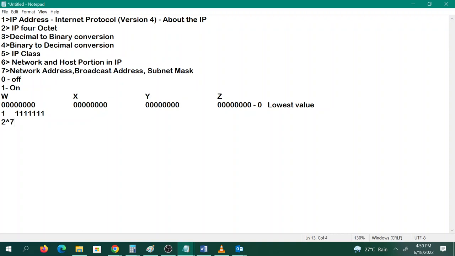The second bit value will be 2 raised to power 6. The third bit value will be 2 raised to power 5.